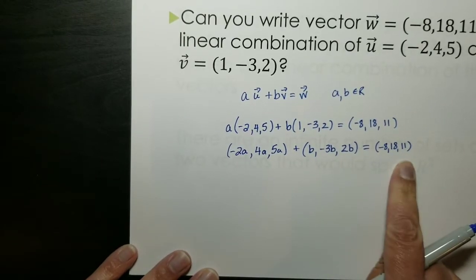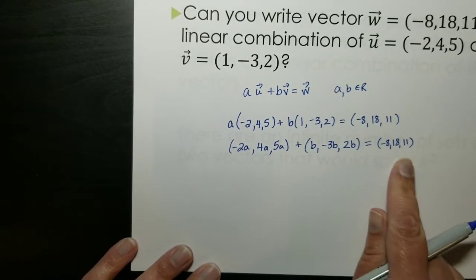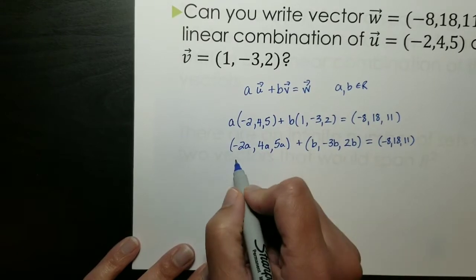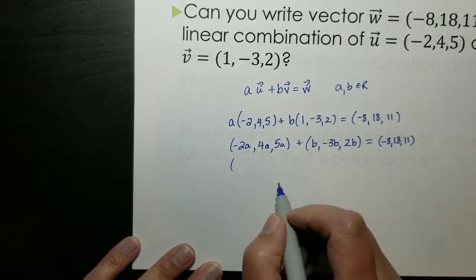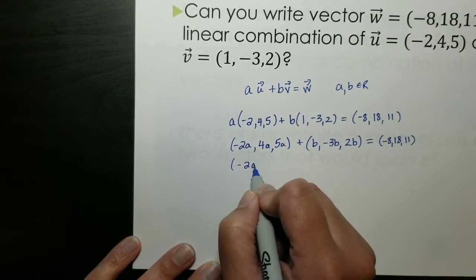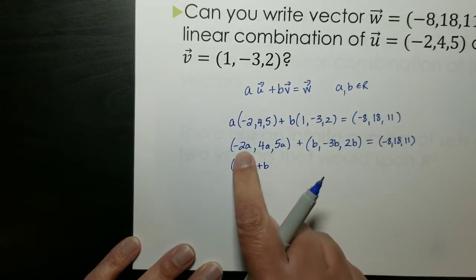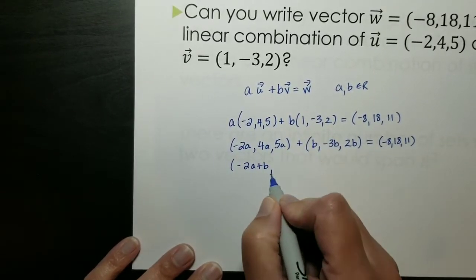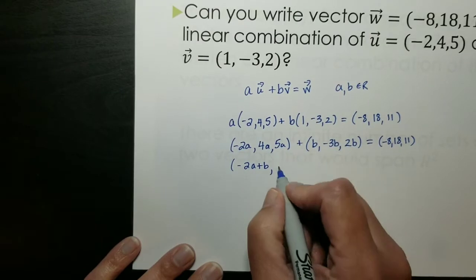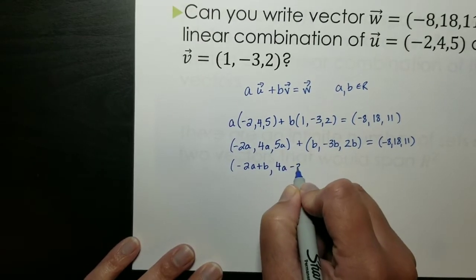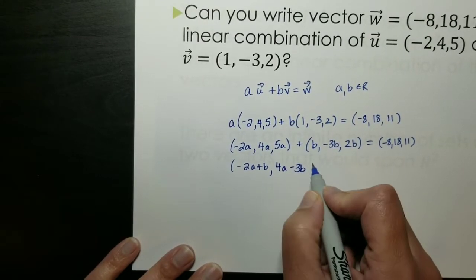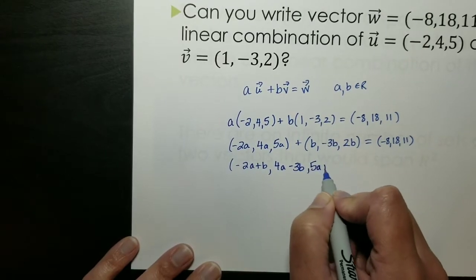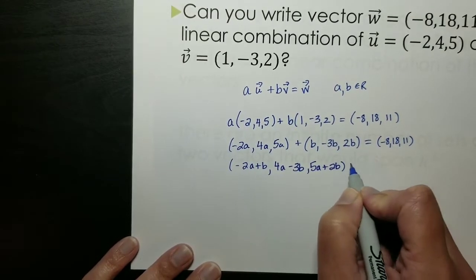You do not actually have to show all of these steps, but I feel like it's valuable to do it once. So here I would have -2a plus b if I'm adding the x components of the vectors together, and then 4a minus 3b for the y components, and 5a plus 2b for the z components.